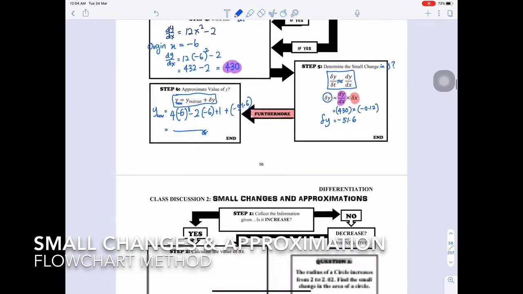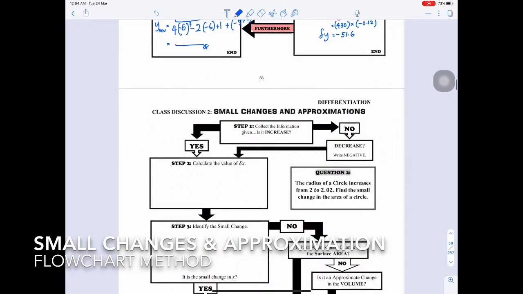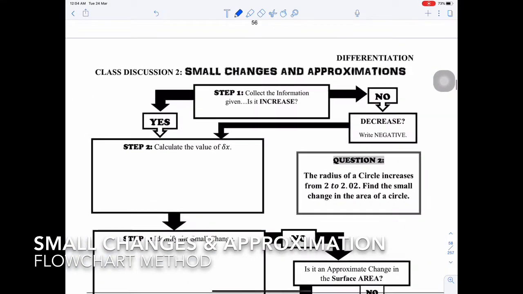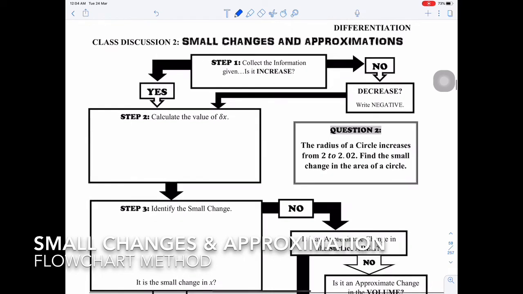Okay, for the second one, class discussion 2, let's continue. Straightforward to question 2. The radius of a circle increases from 2 to 2.02. Find the small change in the area of the circle.